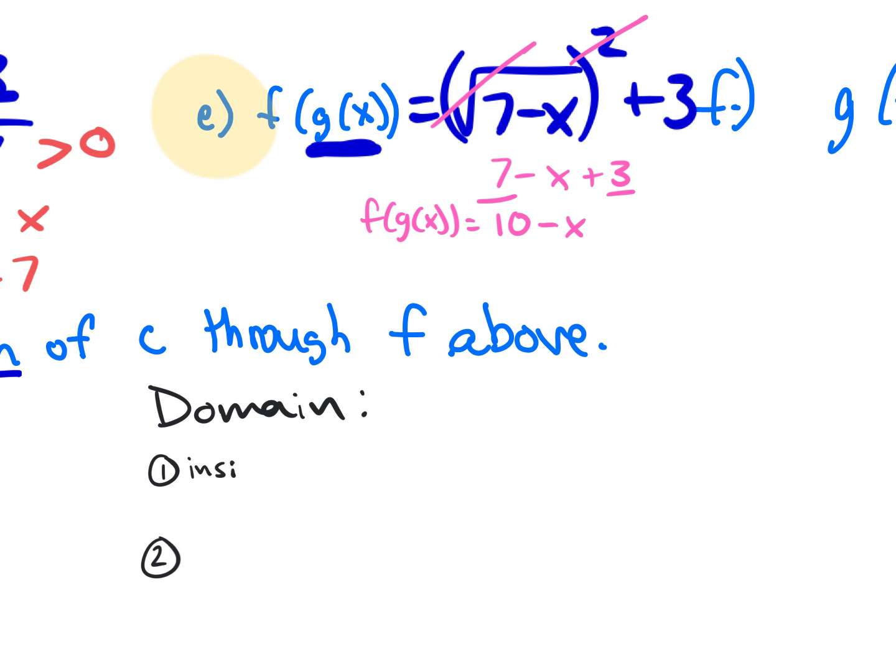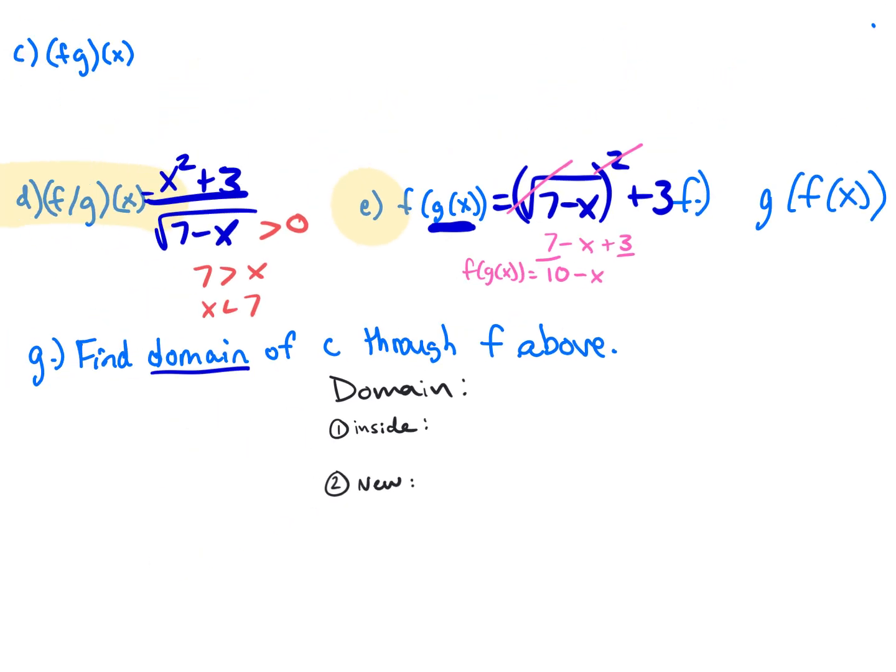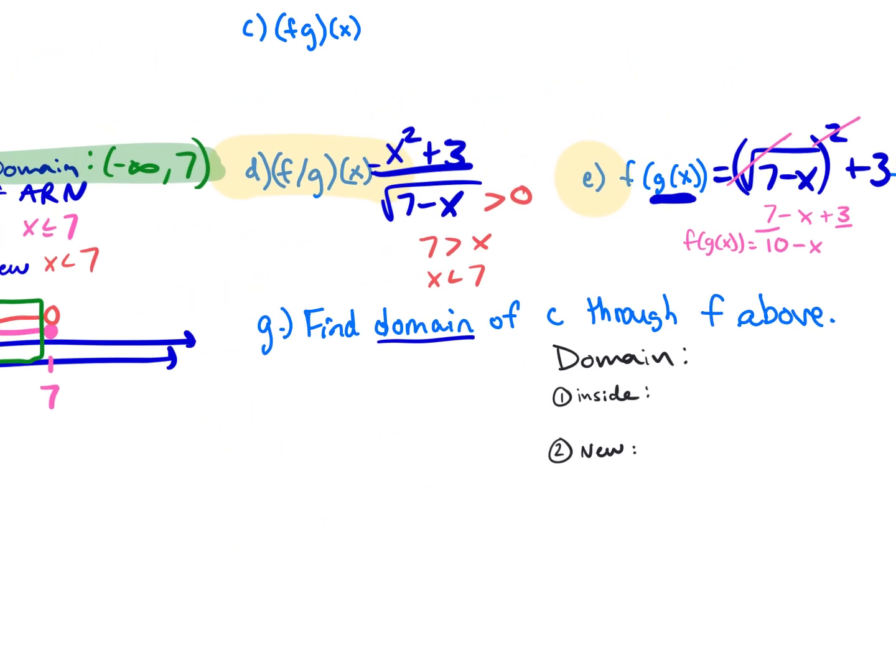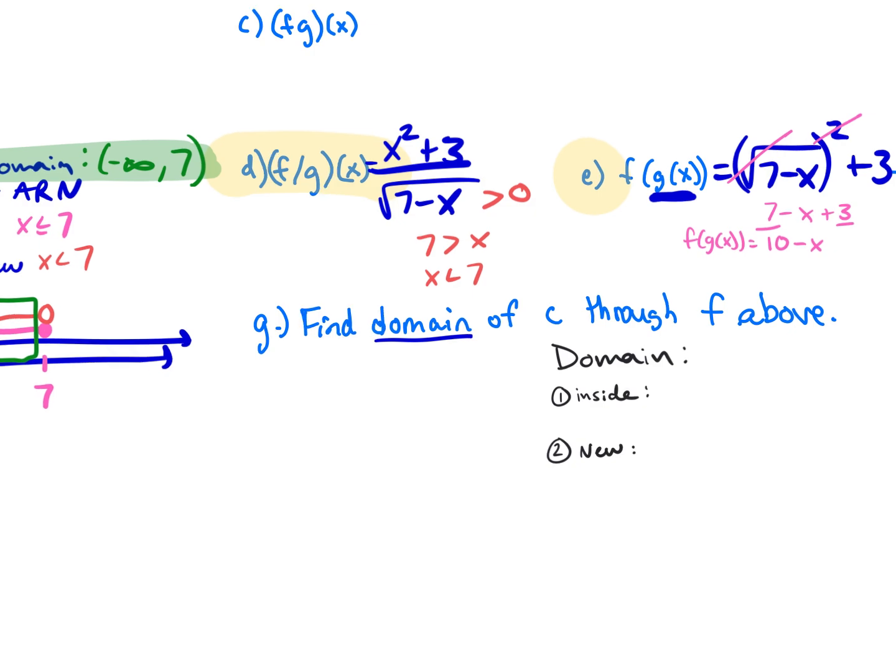The inside and the whole new function. And it's what overlaps between these 2 functions. So notice the difference of d and e. For f divided by g, we had a combination function, so we have to check for 3 things. When you have a composition function, when one function's going inside the other, you only have to check for 2 things, the inside and the new function.